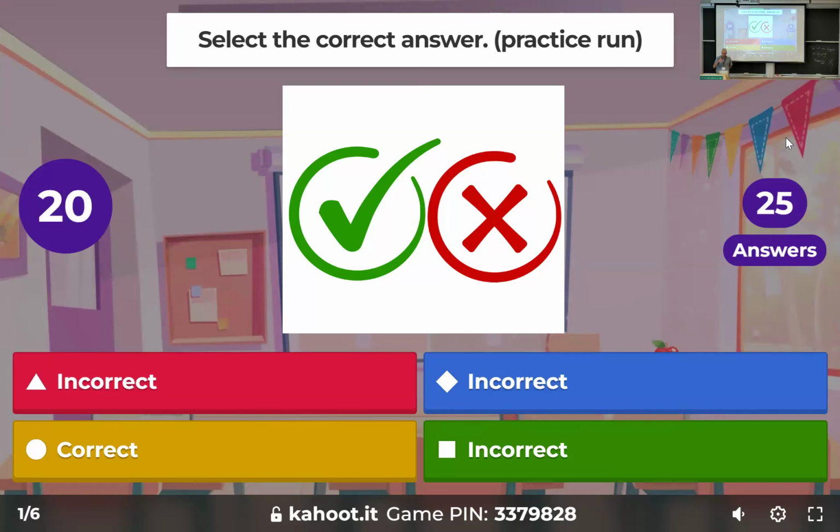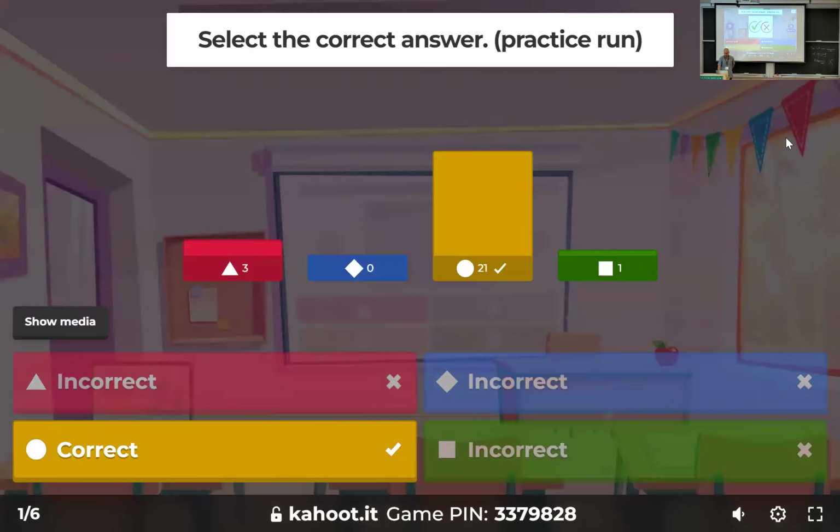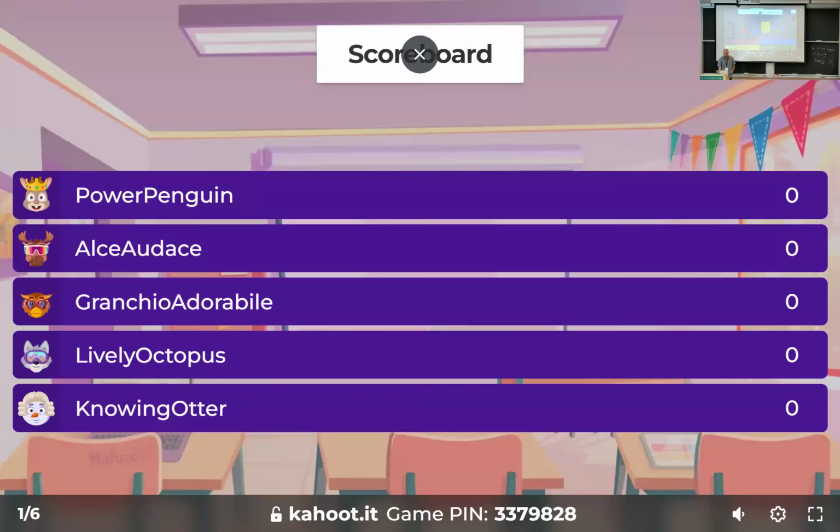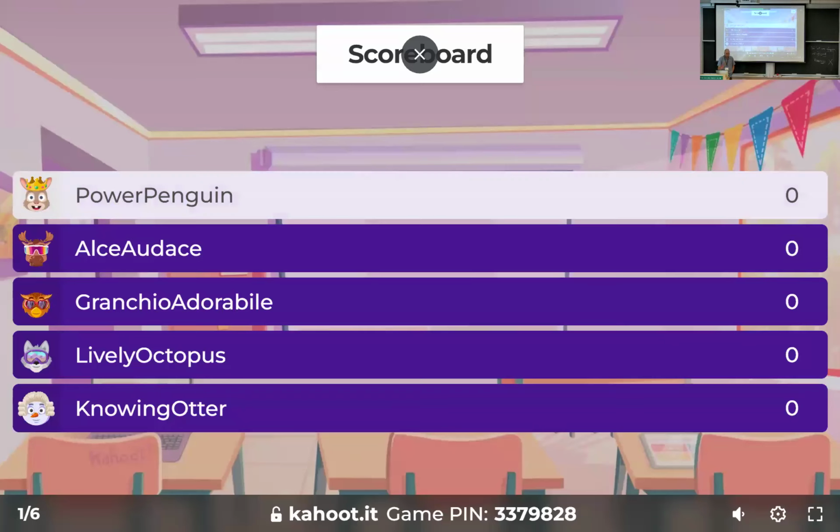And there are some questions that show multi-select from the beginning, then you can select multiple options. All right. Hopefully those 4 people also learned how this works. This was just a practice run, so no scores, but the game begins now.